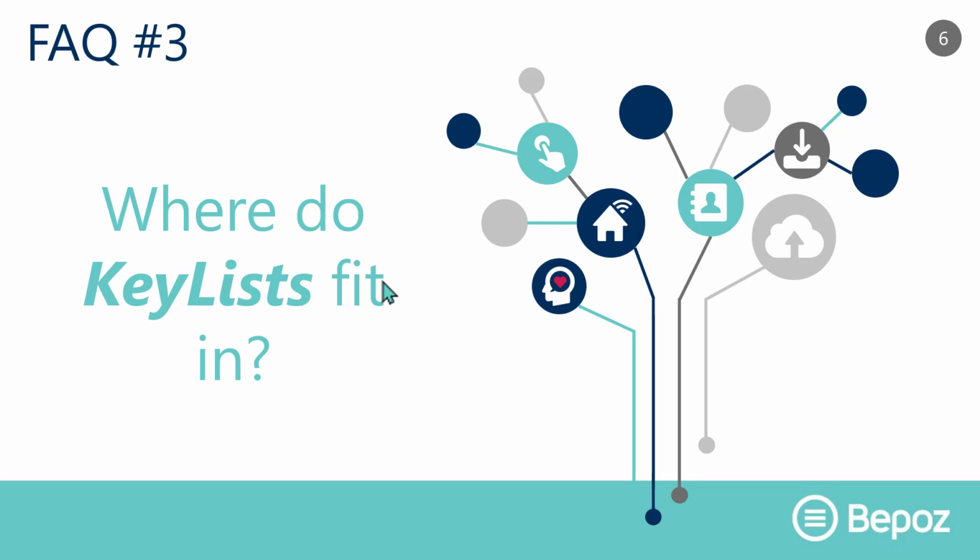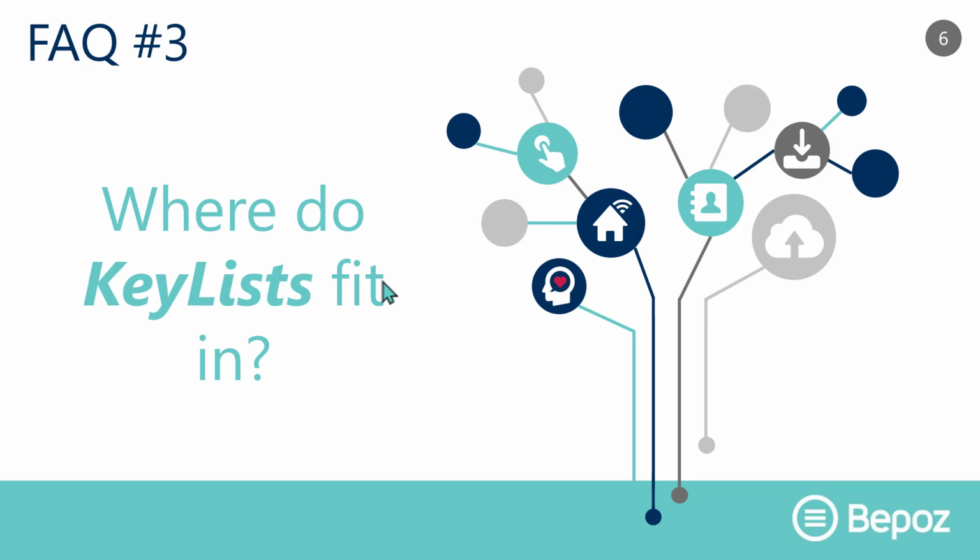But that is in contrast to how the product list is structured into product groups. So key lists can be used in a number of ways. What they essentially allow us to do is to pick different products from different groups within the product list and put them into one single key list together.